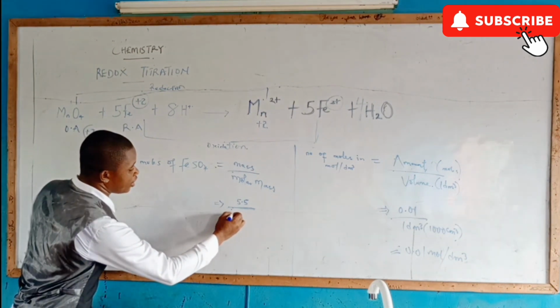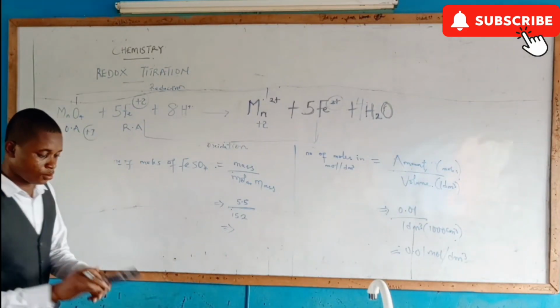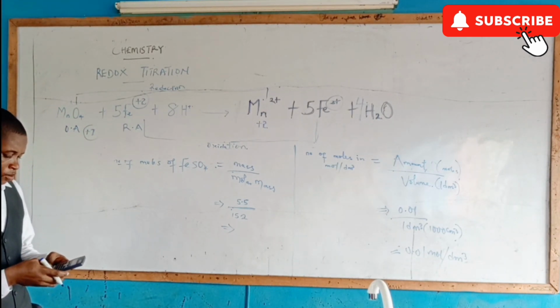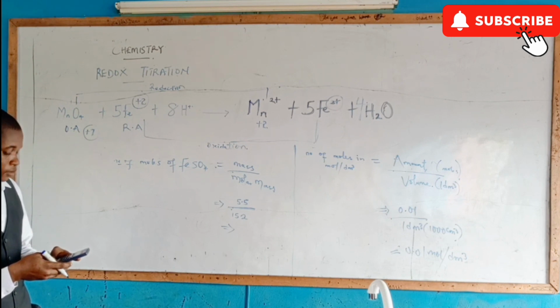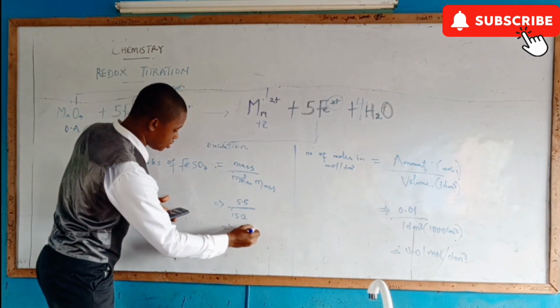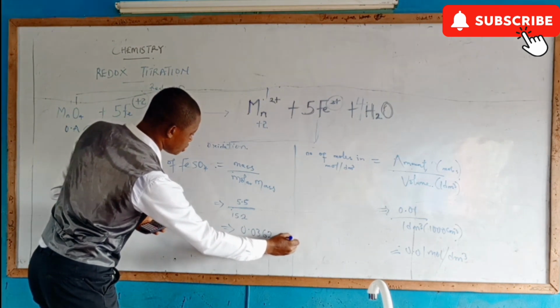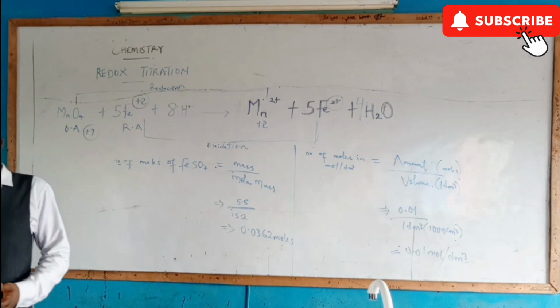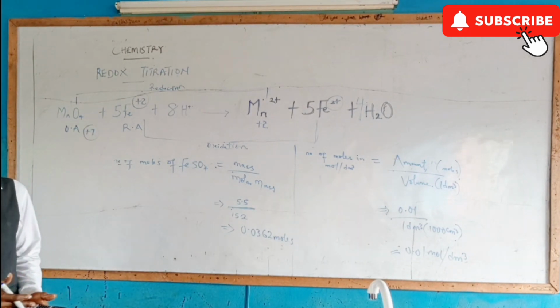When you divide 5.5 by 152, this will give 0.0362 moles. So that shows the number of moles of iron sulfate that would react in the solution.